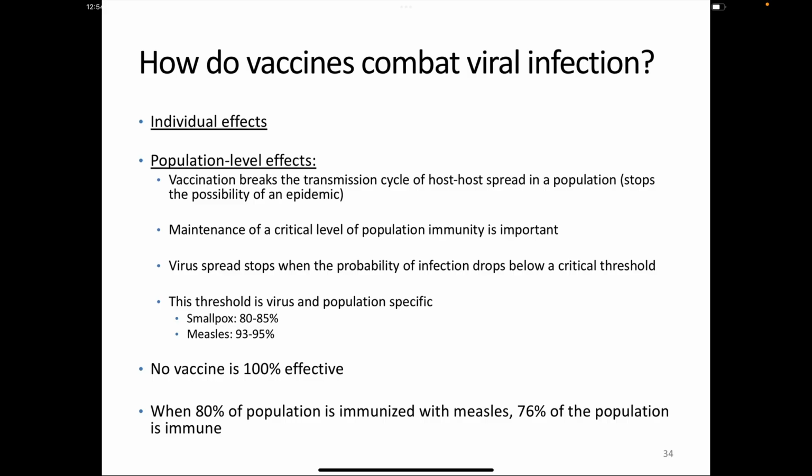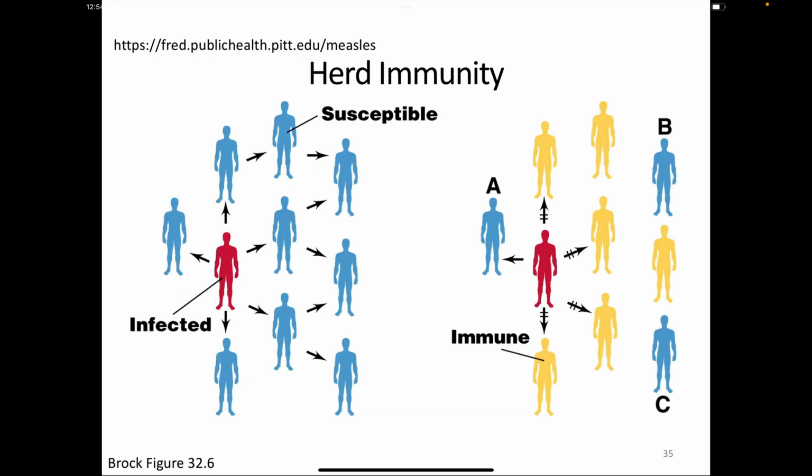There are people who have cancer or who have other immunodeficiencies. And no vaccine is going to be 100% effective. And so we all kind of have to do our part in getting vaccinated in order to really help our population's level of vaccination.